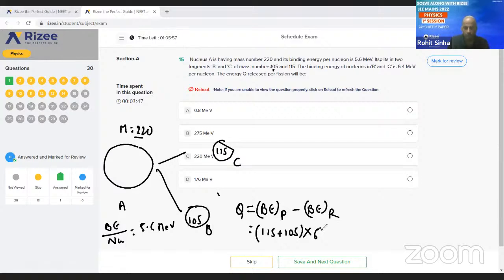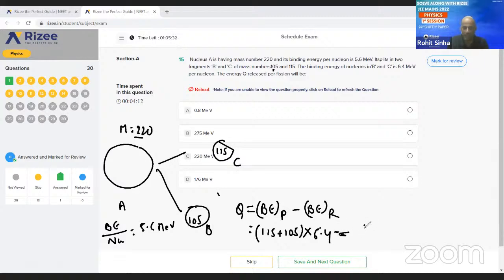Got it? Now for the reactant part, we will put a minus sign.